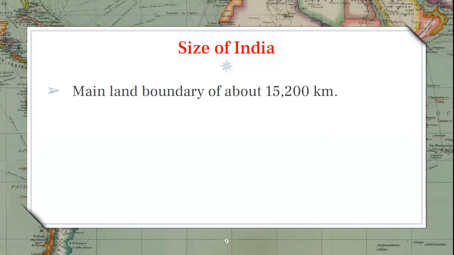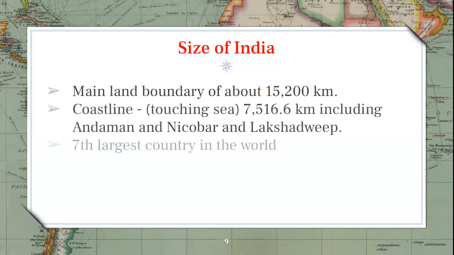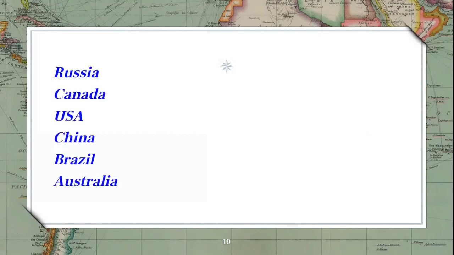All the island coastal regions together have 7,516.6 kilometers. India is the 7th largest country in the world. The other countries are Russia, Canada, USA, China, Brazil, Australia, then India. After India, the next country in terms of size is Argentina.